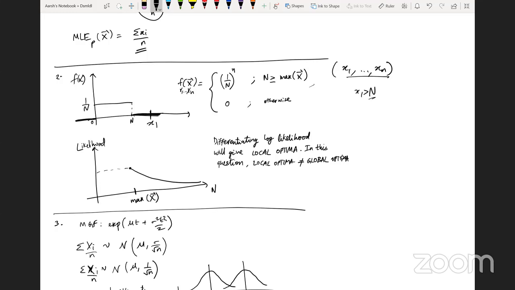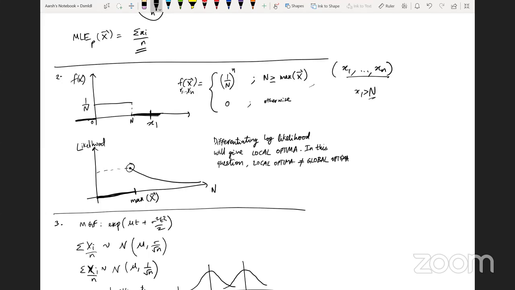So as n increases, it will decrease to 0. But for n less than this value, you'll get 0, because you cannot observe a sample which is greater than capital N. So we know the maximum point will be this one, but we cannot get this by differentiation because the derivative here is not 0.